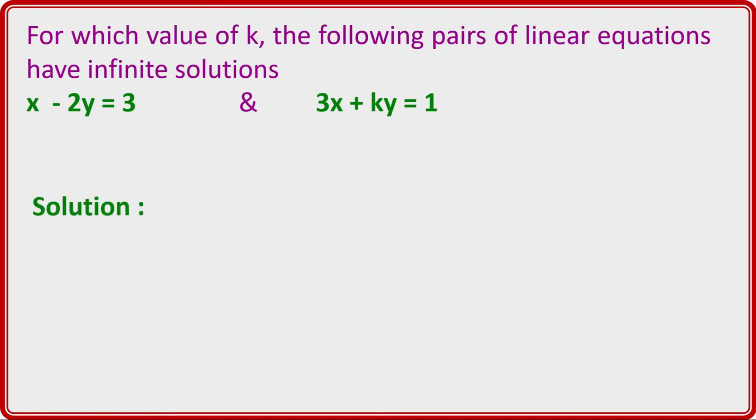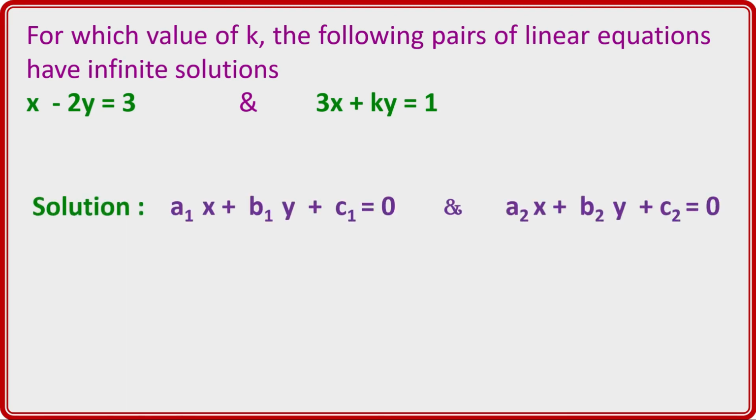So the solution is like this, children. The standard equation is a1x plus b1y plus c1 is equal to 0 and a2x plus b2y plus c2 is equal to 0. Here the value of a1 is 1. Yes, very good. b1 is minus 2. c1 is minus 3.